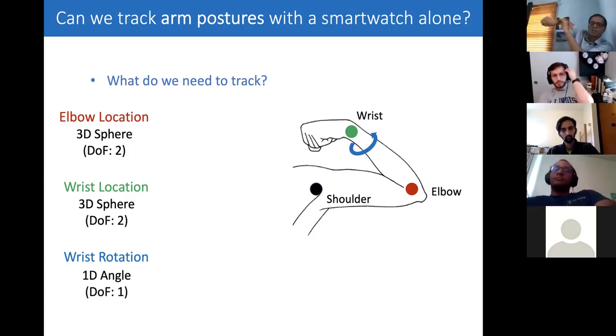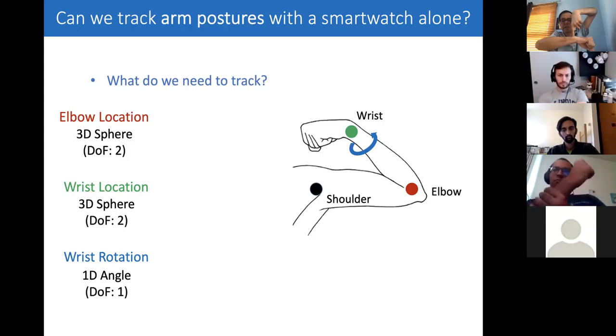Because your watch is over here. Your watch is not going to measure that, right? What is the other axis? This. What is the other axis? This. Can you rotate your wrist around this axis? Painfully, maybe. How? Really? If you break it.